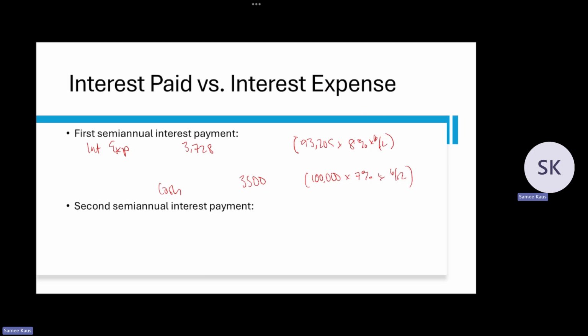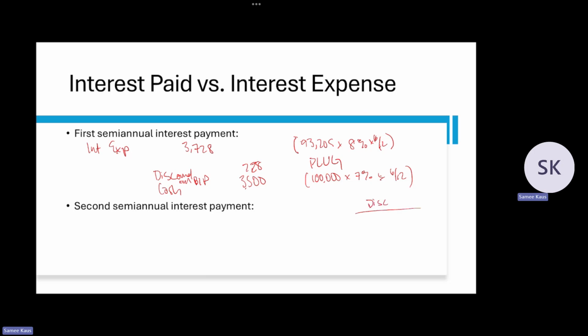So my debits don't equal my credits, and that's fundamentally a problem. What am I trying to get rid of? I'm trying to get rid of my discount, to chip that away. So I have my discount on bond payable that I get rid of now for the plug figure of 228 to make that go away.